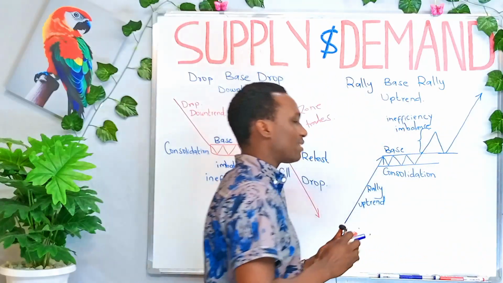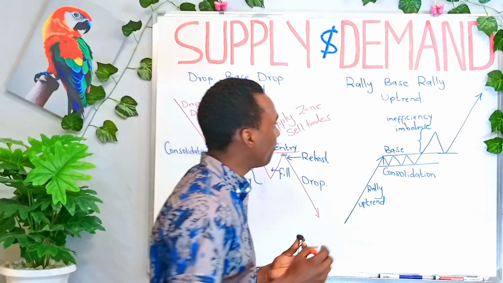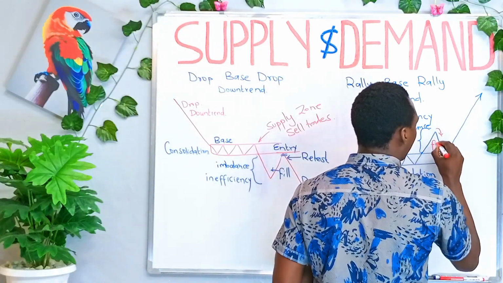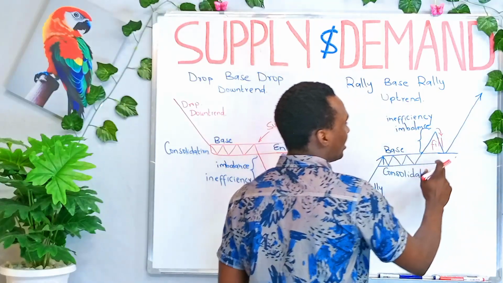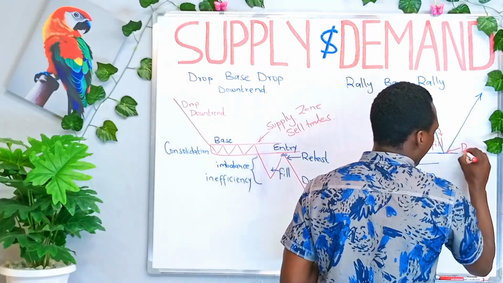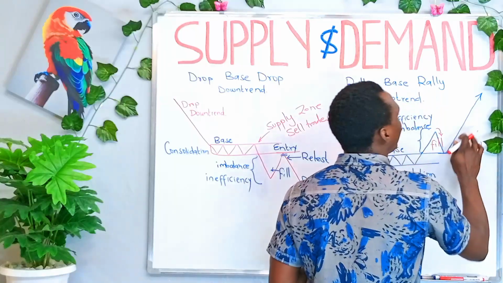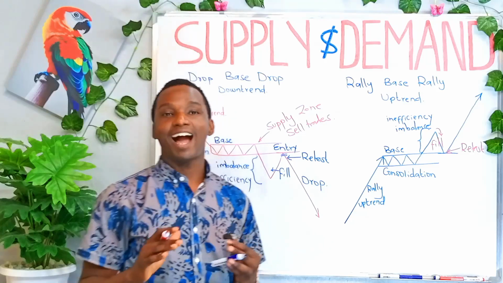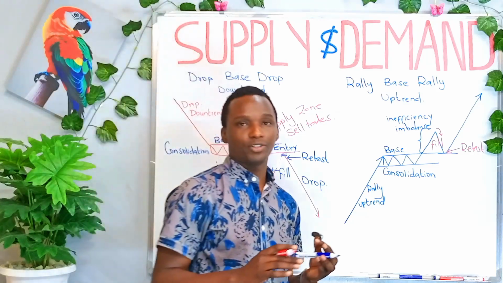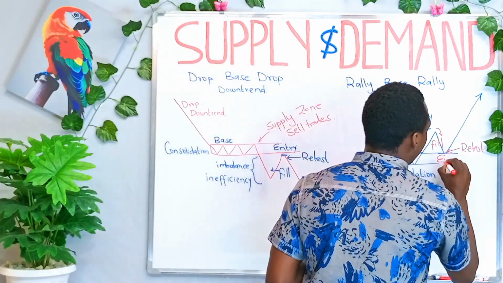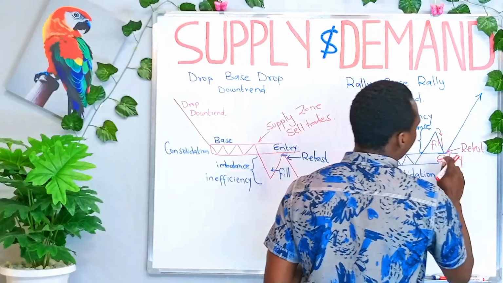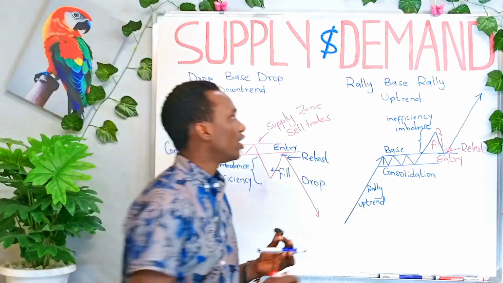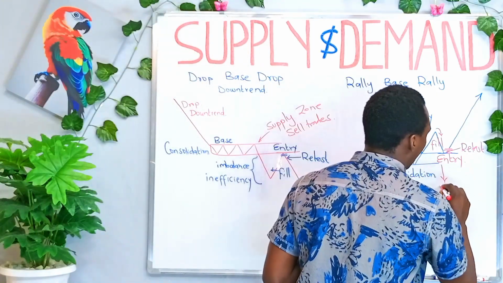And because we said that the market will always strive to be efficient, we expect that the price will come back to fill this inefficiency, retest this area, and then go up, creating higher highs and higher lows. In this scenario, our entries are expected to be around this place after the retest of that zone. So here, this one is now our demand.